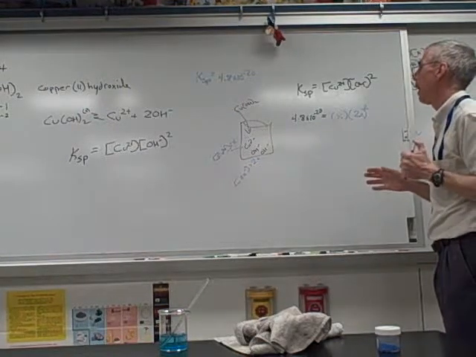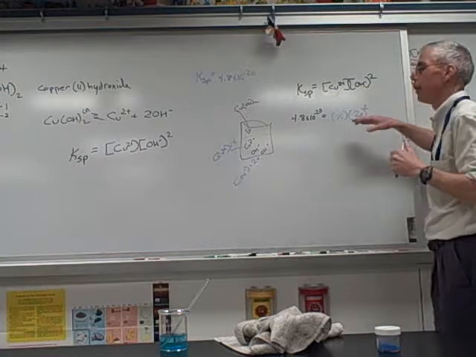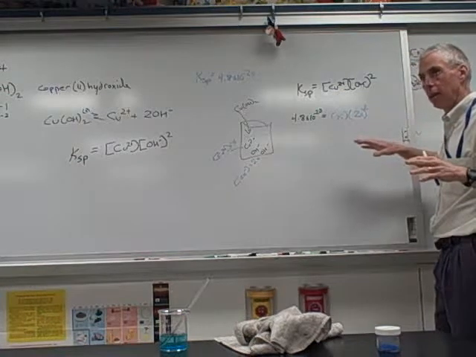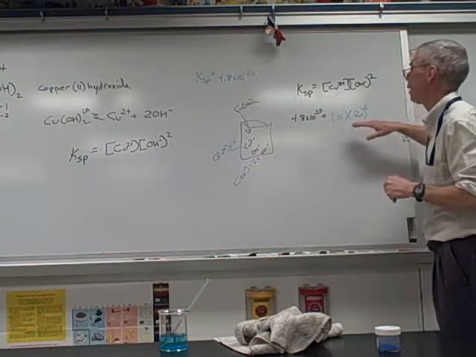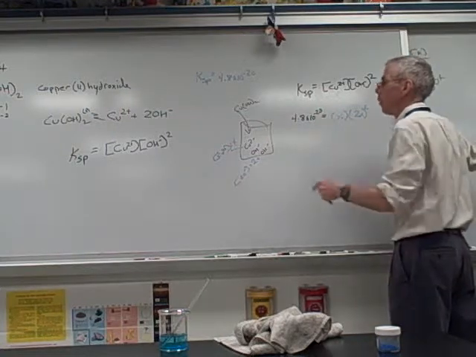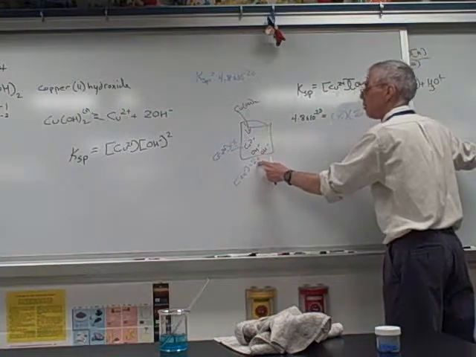Don't let it weird you out that we doubled it and squared it. It doesn't matter. You're just counting the number that actually went into the water. So for every one of those, you get 2 of those. So 1x, 2x.